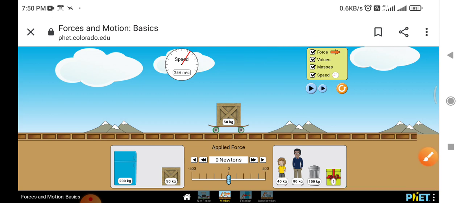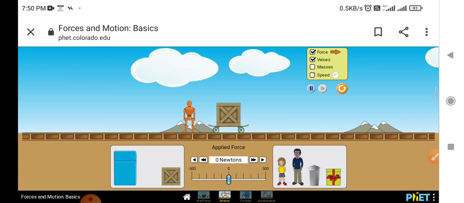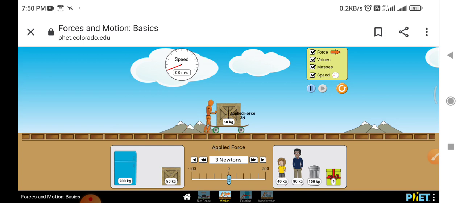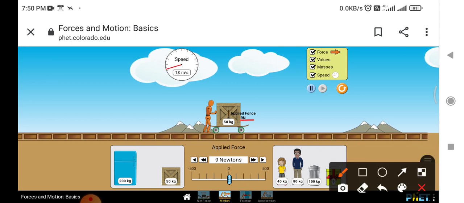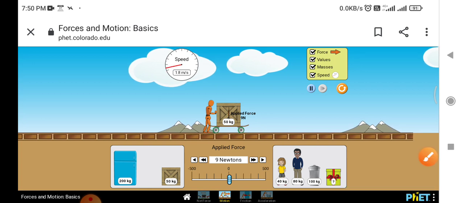Now I took only a 50 gram object and I apply a force. See, when it reaches 9 Newton, the object starts to move.